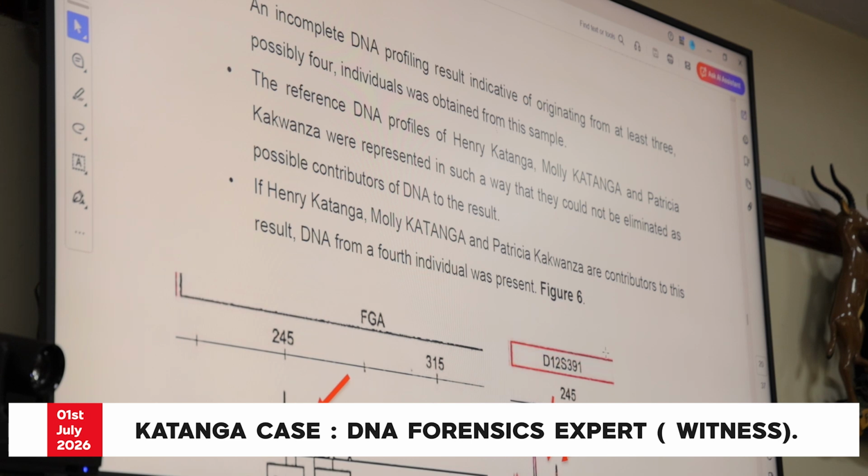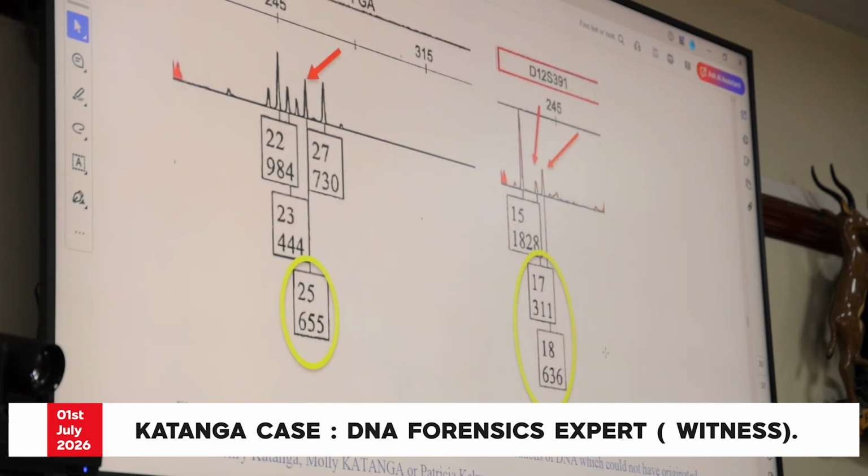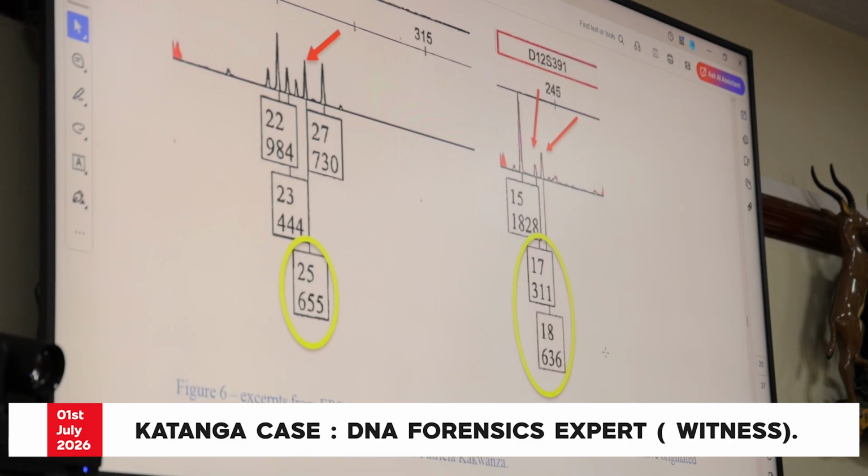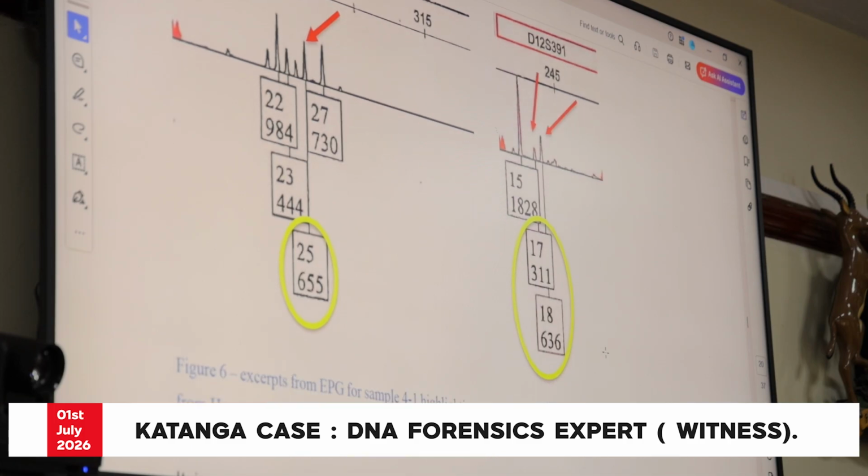On reviewing the DNA profile, if they are all contributors, then as page 20 of my statement indicates, there are clear indications of DNA from a further individual. Therefore, the statistical evaluation of assuming 3 contributors is not a reflection of the actual result. And again, the statistical calculation carried out is misleading and needs to be redone.